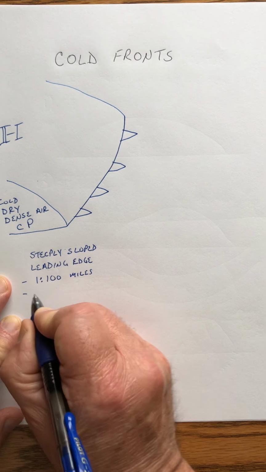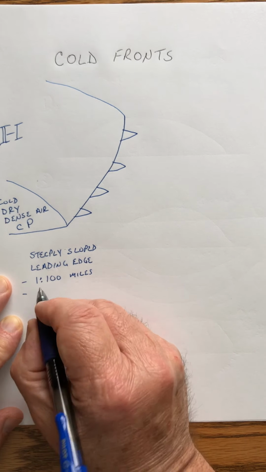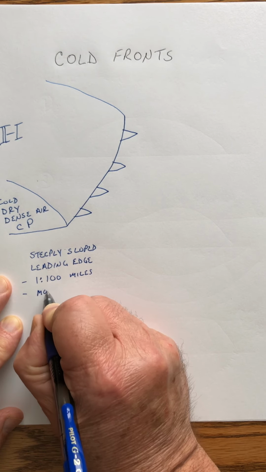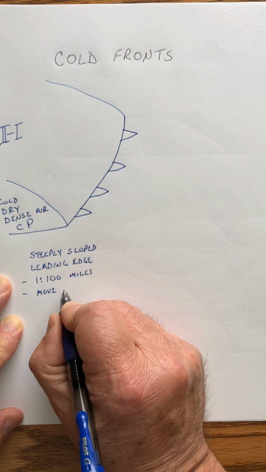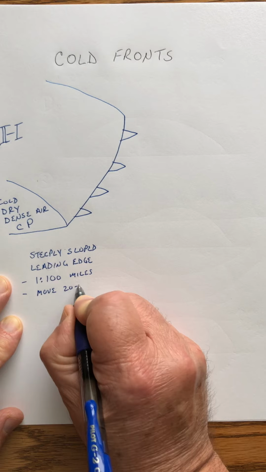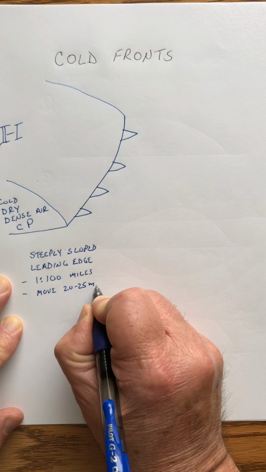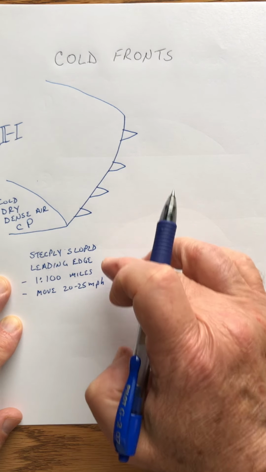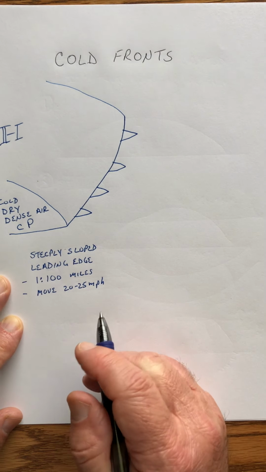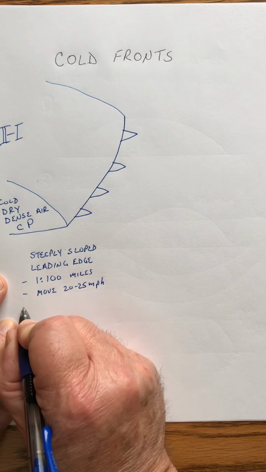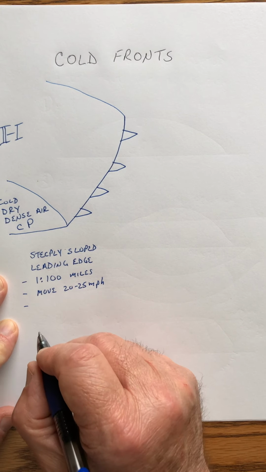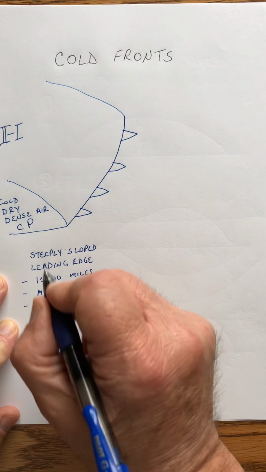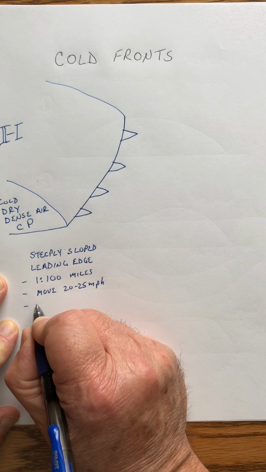We also mentioned that cold fronts move relatively fast, so about 20 to 25 miles per hour, and that the combination of these two, being relatively steeply sloped and moving at a faster rate, means that the air is going to rise relatively fast.